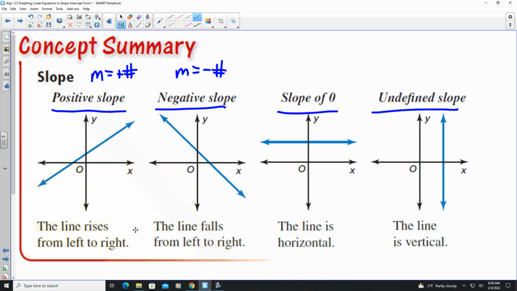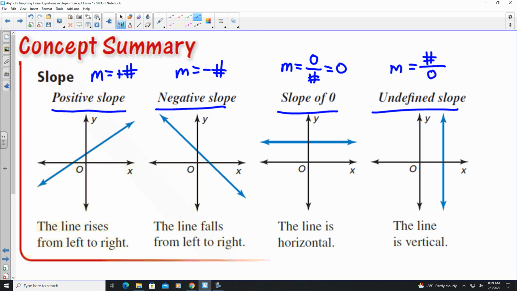If you have a slope of 0, that means that if you use the slope formula and in the numerator you get 0 and it's being divided by some number that's not 0, then your slope is going to be 0, because 0 divided by any number is going to be 0. An undefined slope means that m is going to be equal to some number on the top that's not 0, and it's going to be divided by 0.